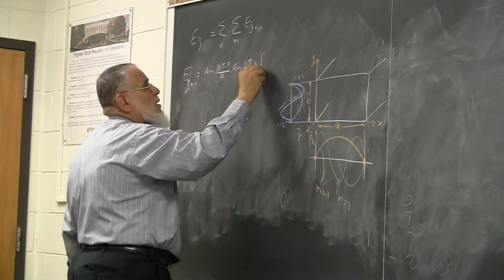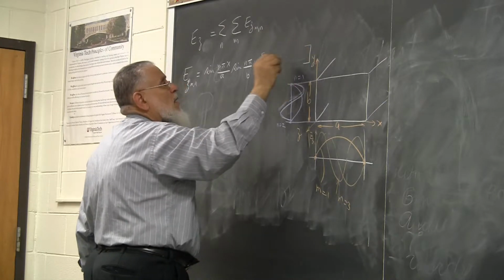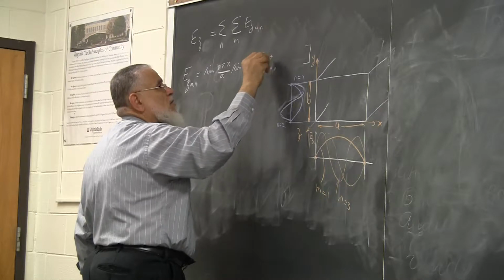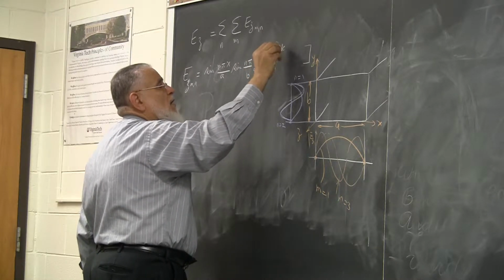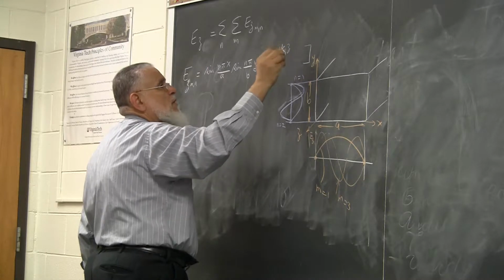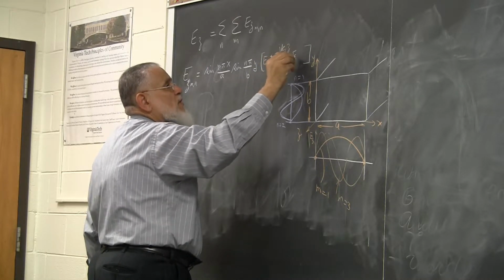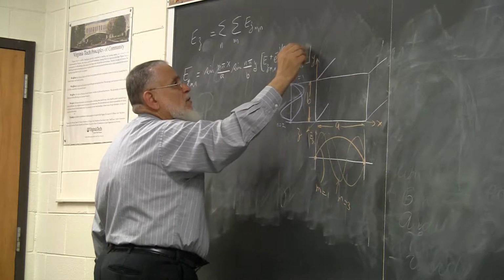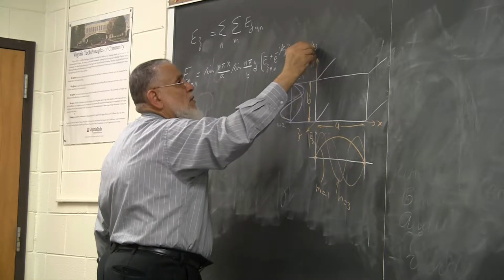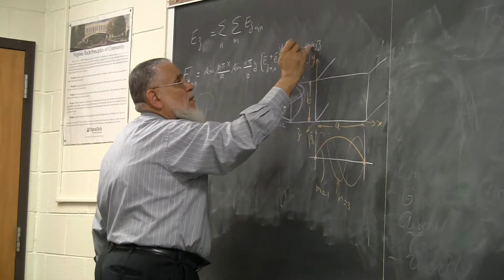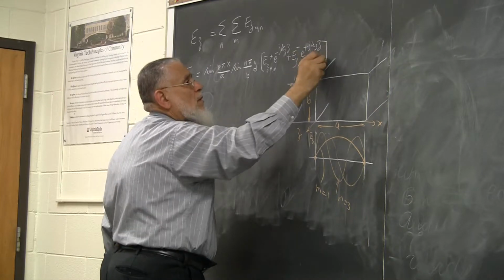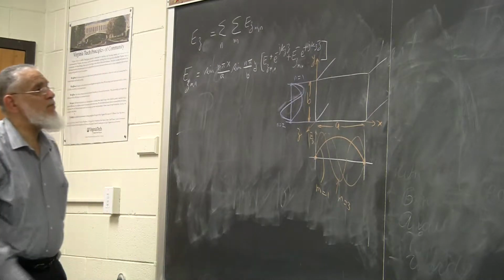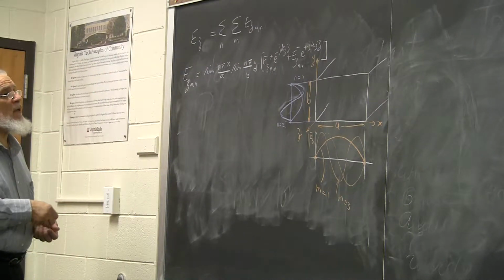And then we had 2 possible waves: E sub z mn plus e to the minus j k sub z z, plus E sub z mn minus e to the plus j k sub z z. So put that in, and that's our solution.